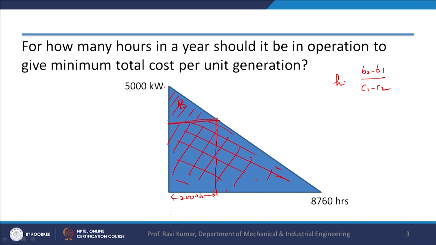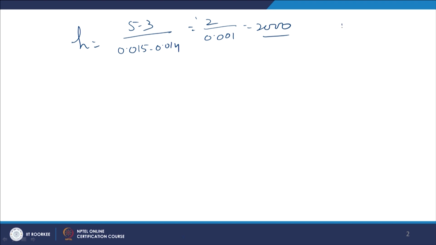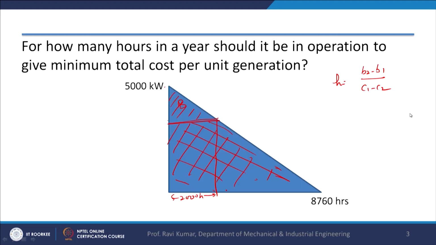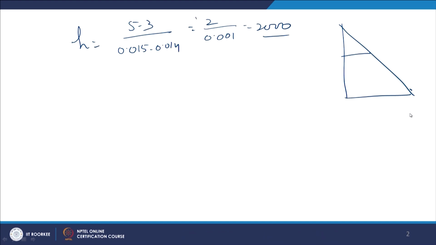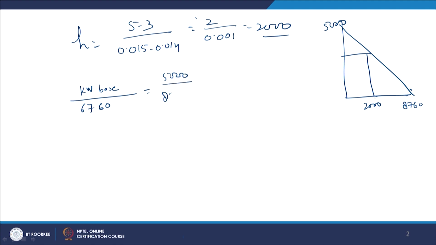Now, in order to find that, the kilowatt of base, you can draw it here. This is 8760, this is annual 8760, this is 2000, this is 5000, right. So, this kilowatt of base divided by 8760 minus 2000, that is 6760, is equal to 5000 divided by 8760.